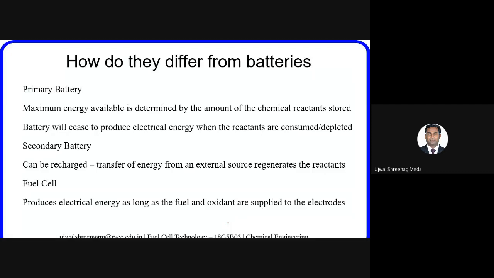Batteries are also energy storage devices. If we compare a fuel cell with such a battery, a fuel cell is an energy conversion device. It is not a storage device, and energy is generated as long as the fuel and oxidant are supplied. That is how we differentiate between batteries and fuel cells.